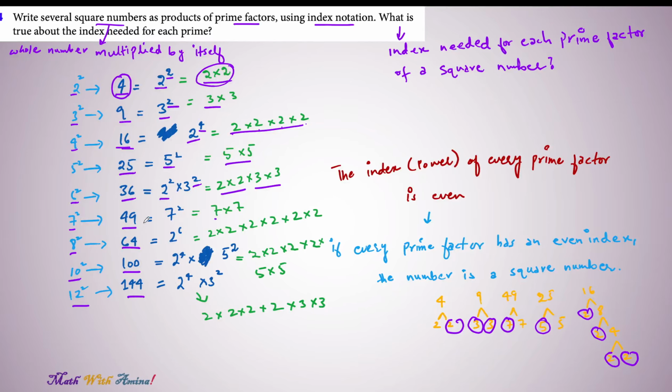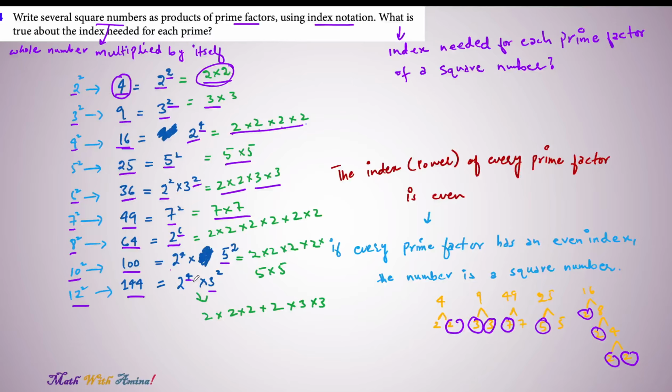The same takes place for 49. We have expressed it as a product of prime factors, then we write it in index notation, so it would be 7 with the index of 2. 64 would be base 2 and index 6. 100 would be base 2 with index 2 multiplied by base 5 with index 2. And 144 will be base 2 with index 4 multiplied by base 3 with index 2.